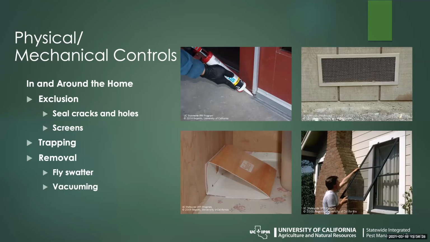And so traps can be useful for monitoring and also for catching the organism. For vertebrates, you can use mouse traps or rat traps to actually catch and control the organism.